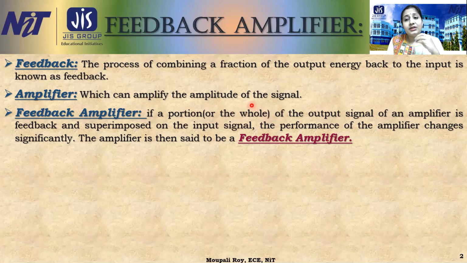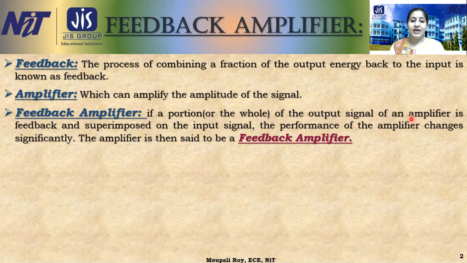If the total system is bad, then you have to say that this total system is bad, you have to change this system. So that means the total output comes to the input and you have to amplify this. So a portion or the whole of the output signal of an amplifier is fed back and superimposed on the input signal, and the performance of the amplifier changes significantly.